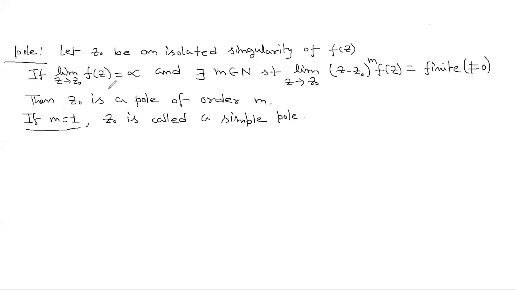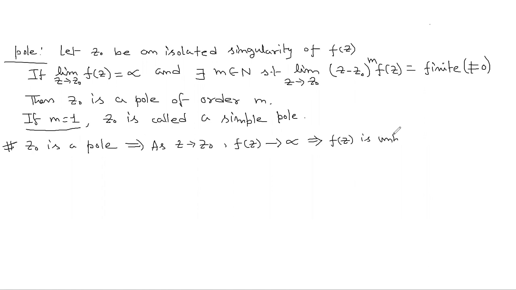Here we observe two important points in the definition of a pole. Firstly, if z0 is a pole, then as z tends to z0, f(z) approaches infinity. So from here we conclude f(z) is unbounded near z0. Whenever we have a pole at z0, the function f(z) is unbounded near z0.